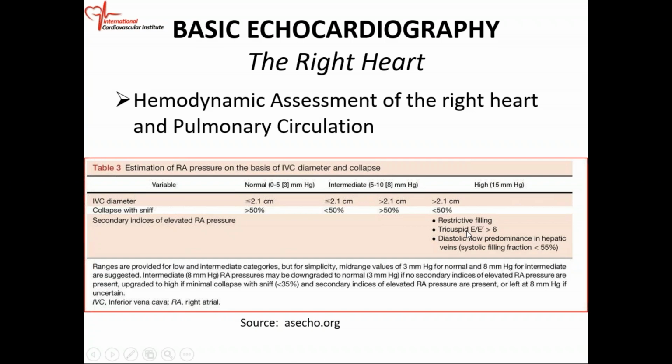If you look at your tricuspid and your E/E prime is greater than 6, and then if you look at your hepatic vein and you have diastolic flow predominance, this also suggests that the right atrial pressure is 15 millimeters of mercury or more. Okay? Restrictive filling, tricuspid E/E prime greater than 6, and diastolic flow predominance in the hepatic vein.